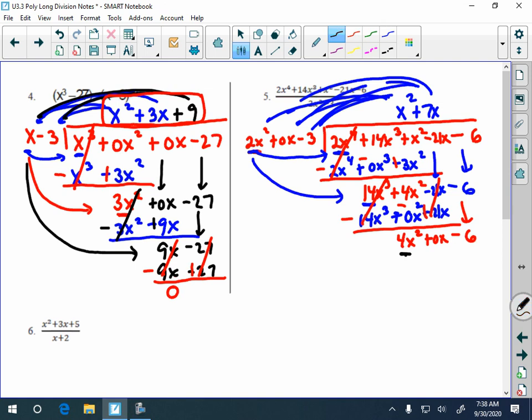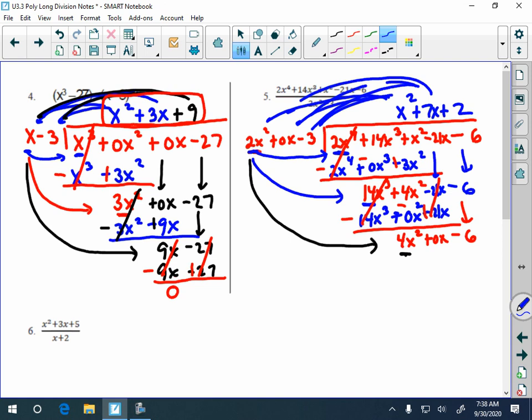All right, so I have 2x squared and 4x squared. So 2x squared times what is 4x squared? So that's going to be plus 2. So again, you can see the terms at the top, they're decreasing in order. And so you can't have any exponents that come later that are higher than ones before it.